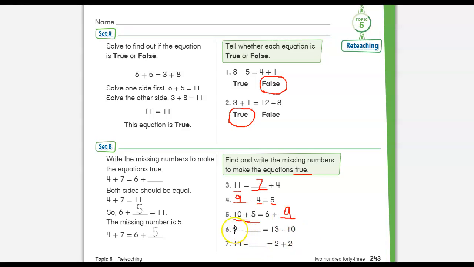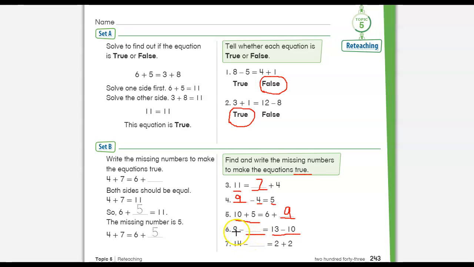On number 6, we had 9 minus blank equals 13 minus 10. So just like in our last problem, you have to solve your equation first. So 13 minus 10 is equal to 3. So we had to find 9 minus what number would give us 3.